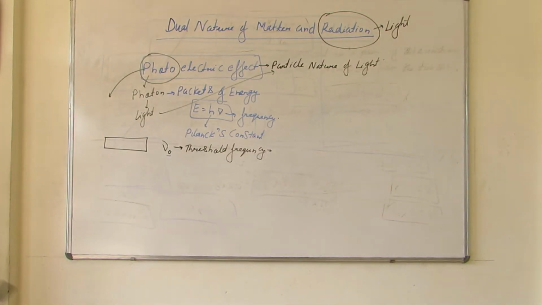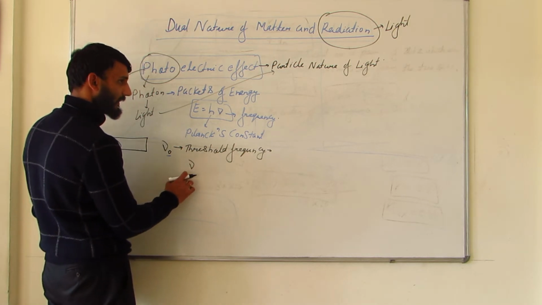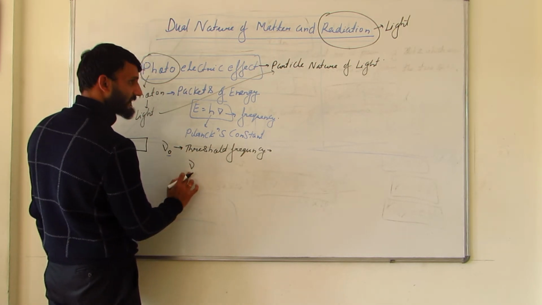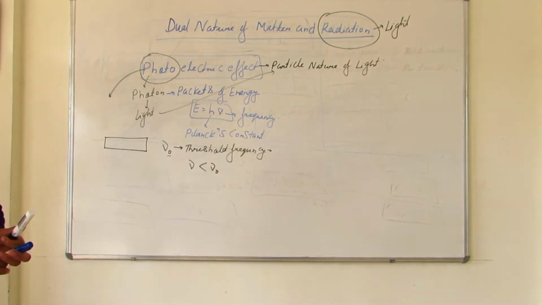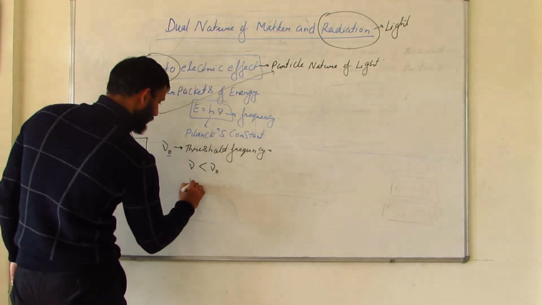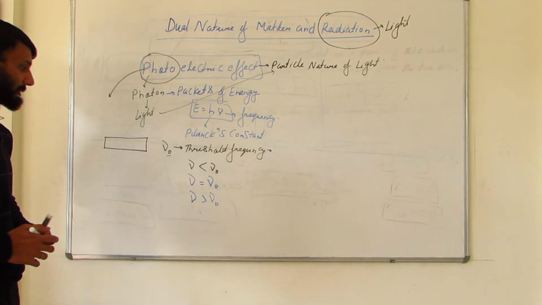So suppose, giving an example, we have a photon of frequency nu which is less than nu naught, and then we have nu equal to nu naught, and then we have nu greater than nu naught.